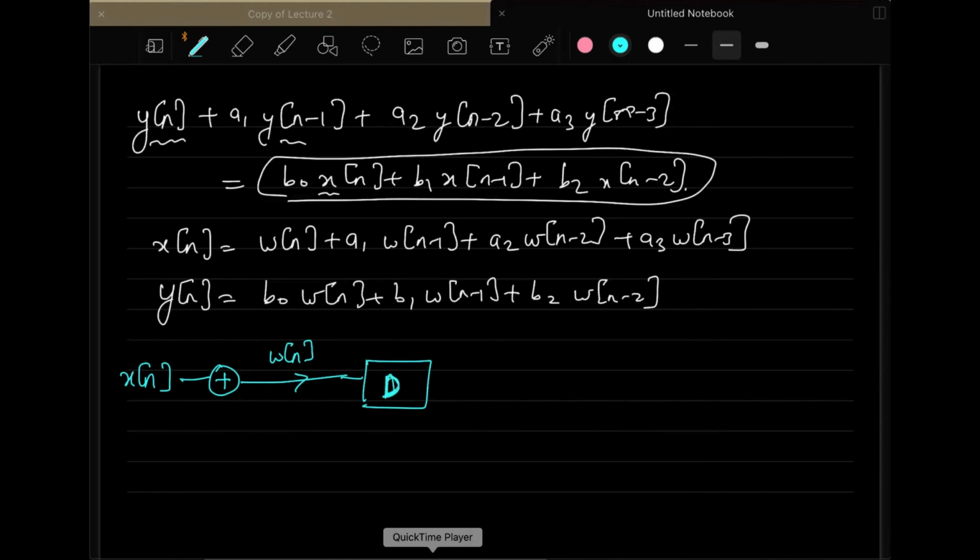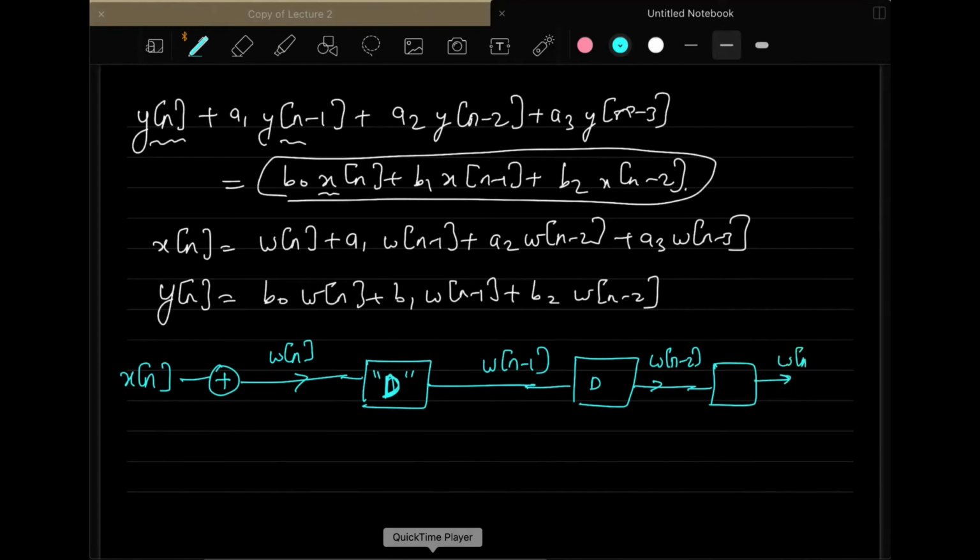It delays what is fed into the input of this block. If it delays by a unit of 1, then it is w[n minus 1]. So if you put a D operator, you are actually delaying the samples by 1 unit. If you do it again, it delays the samples by 2 units, and then again a delay gives you a sample delayed by 3 units.